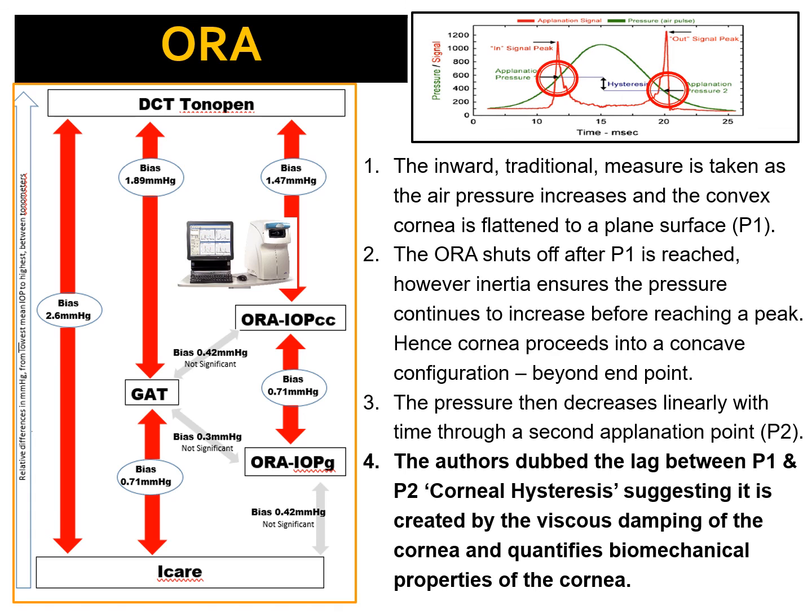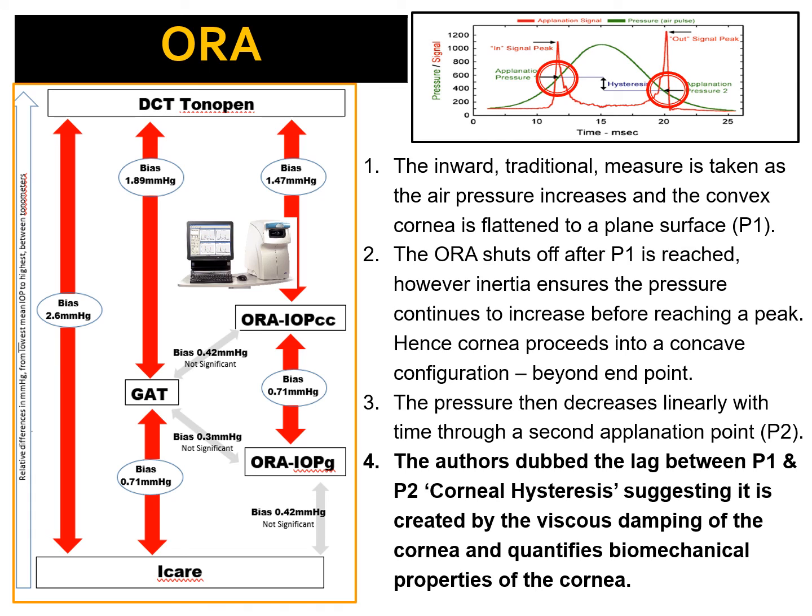But the second reading doesn't read a pressure that's the same as the first reading. And the authors dubbed this lag between P1 and P2 as corneal hysteresis, suggesting it is created by the viscous dampening of the cornea and qualifies biomechanical properties of the cornea.